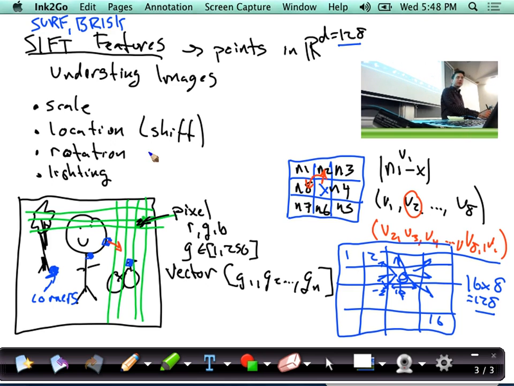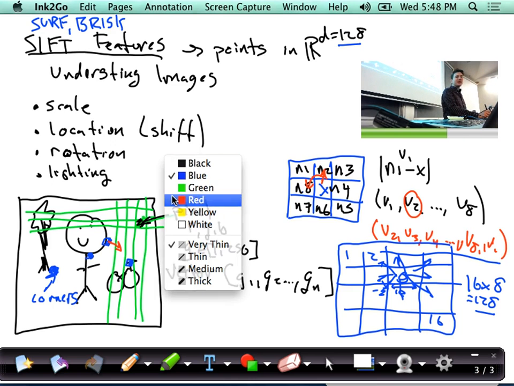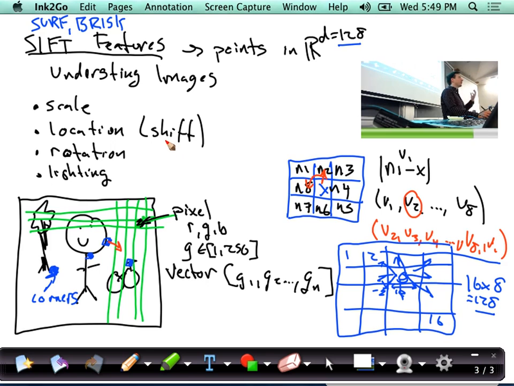There's an interesting story about this paper. This may seem kind of mysterious. Why are we doing it like this? This was published by David Lowe in, I think, 2007, in some journal in computer vision. He actually came up with this like 5 years earlier, but couldn't get it published.